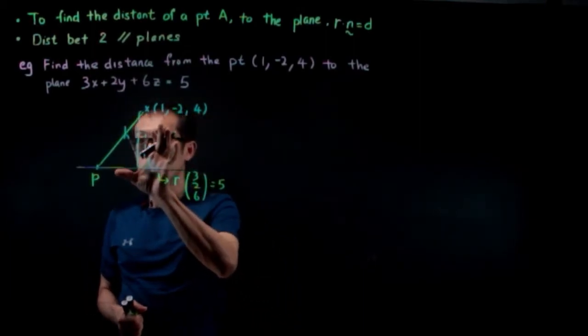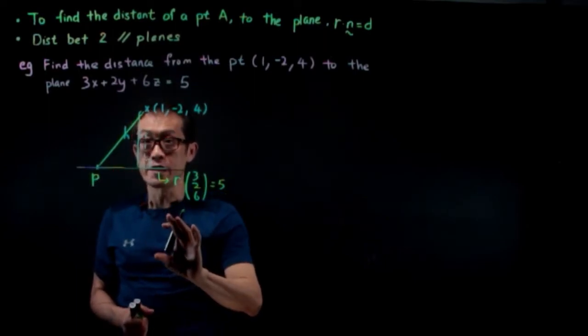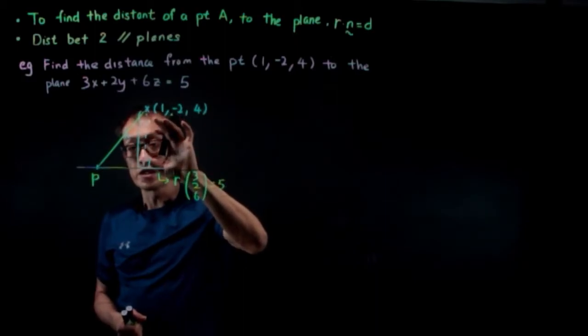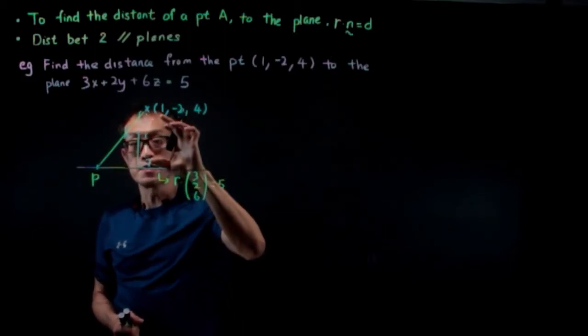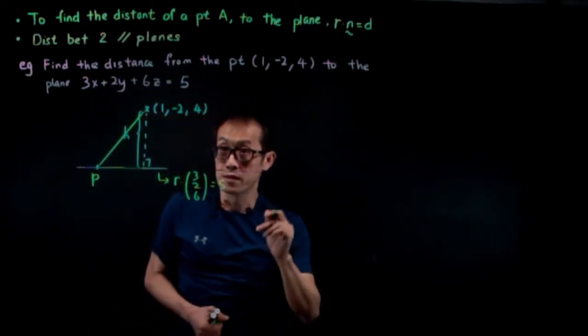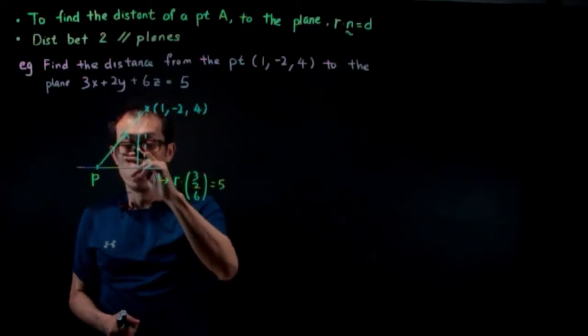Now, to find this distance, this is actually the length of projection of XP onto the unit vector n.